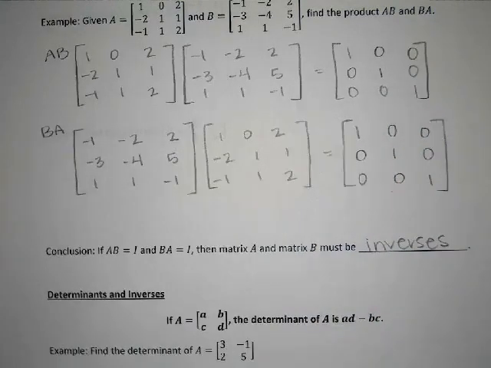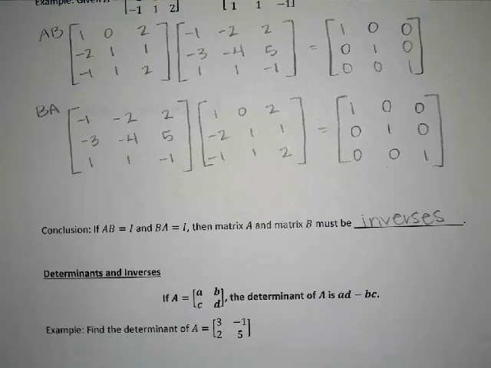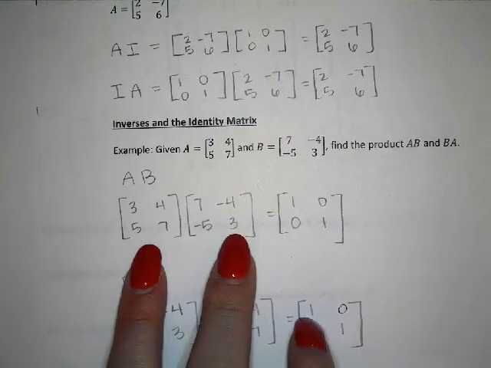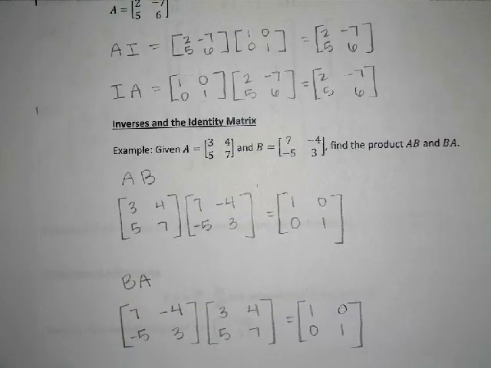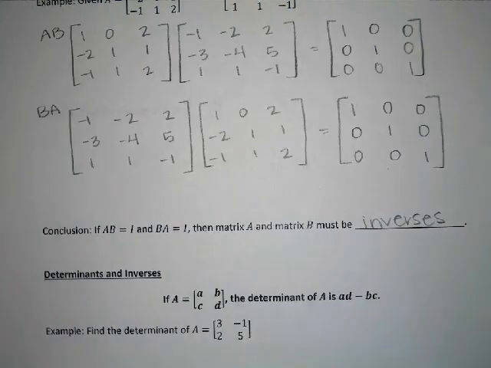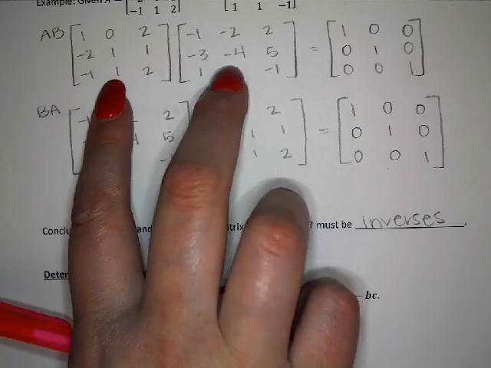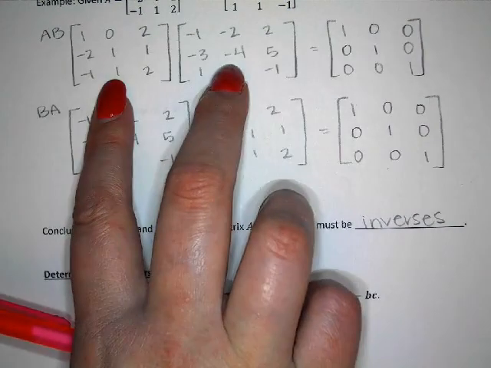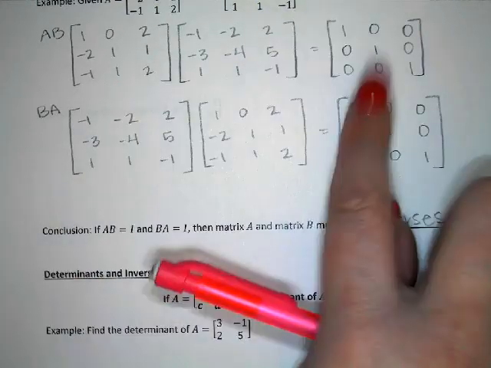So on the previous page, these two matrices are inverses of each other. That's why they cancel each other out and give you the identity. These two matrices are inverses of each other. That's why they cancel each other out and give you the identity when you multiply them.